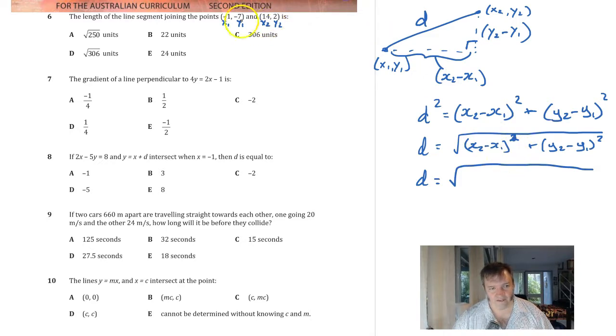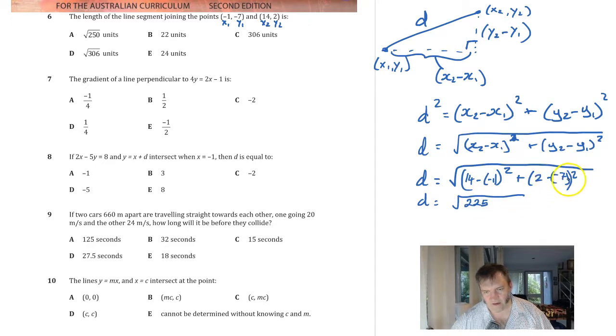So 14 is x2 minus negative 1. So 14 minus negative 1, that's in brackets squared, plus y2 is 2 minus negative 7 squared. So what does that mean? D is going to be, that's 14 plus 1 is 15 squared is 225.